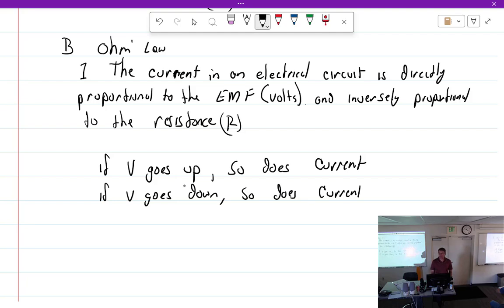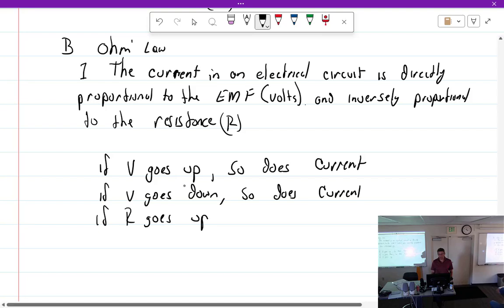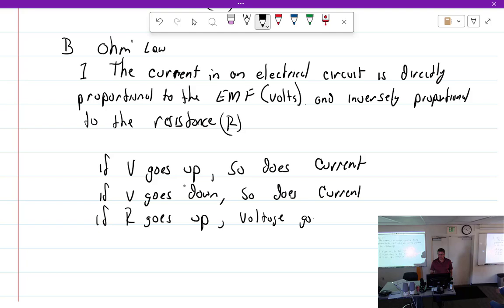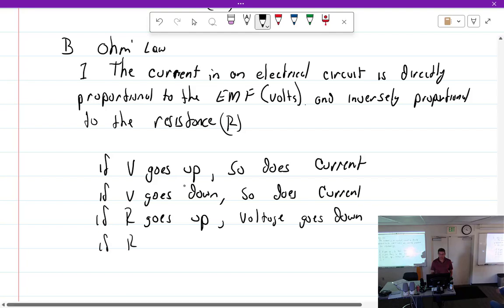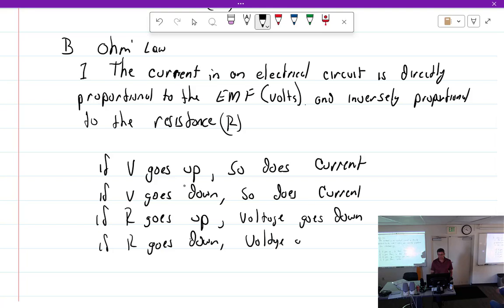And inversely proportional to the resistance, which is to say, if resistance goes up, current goes down. If R goes down, current goes up.